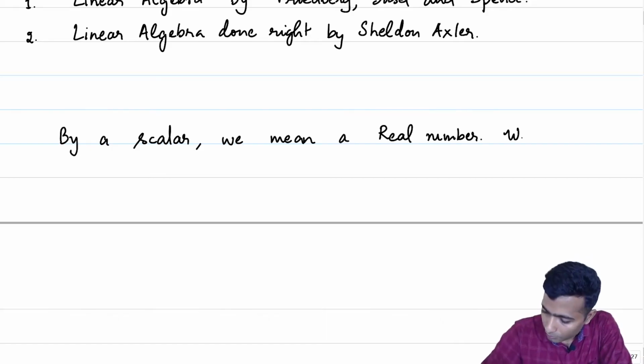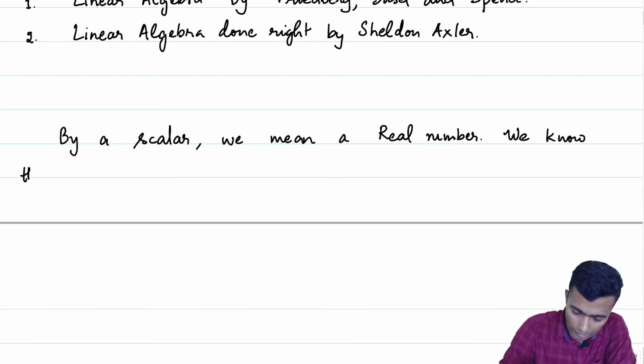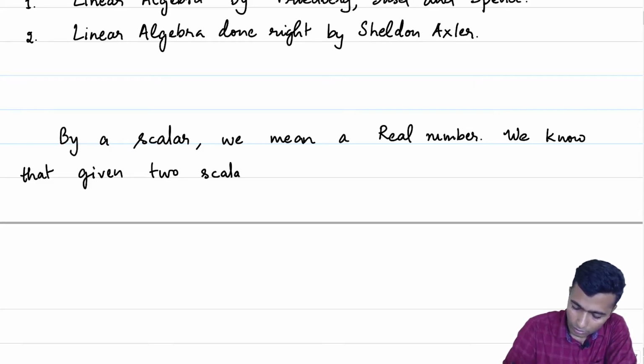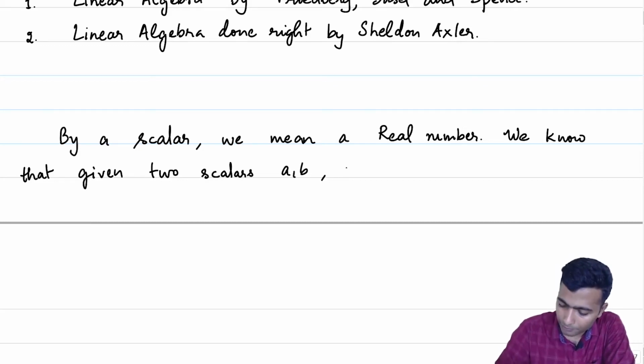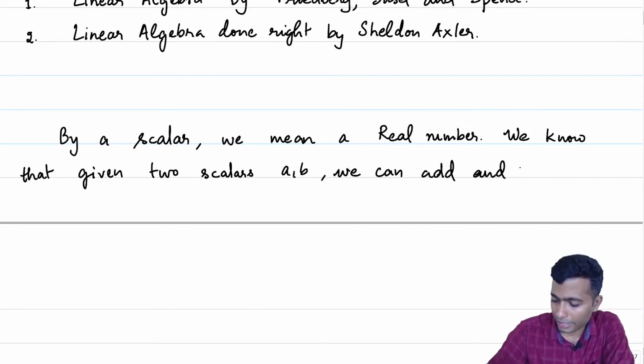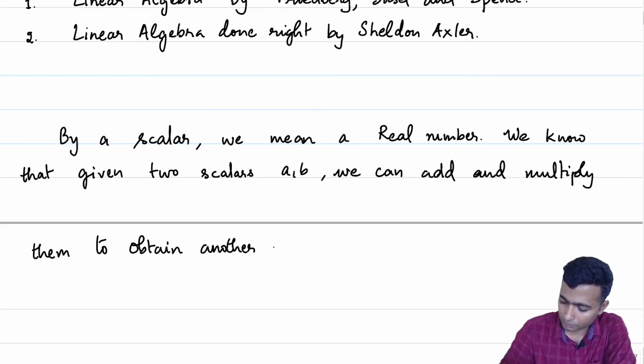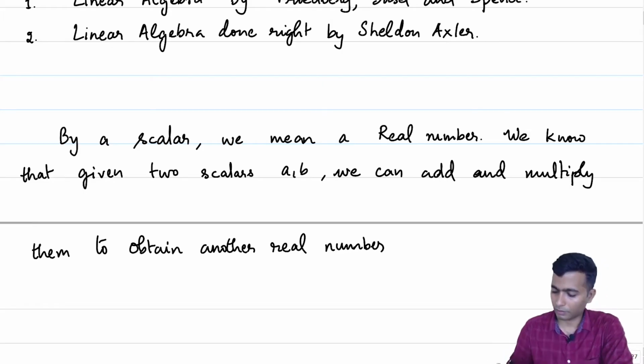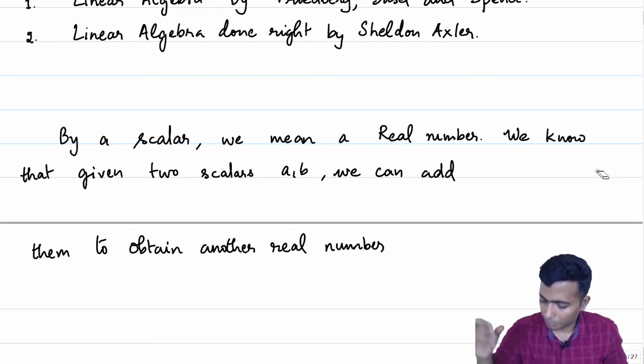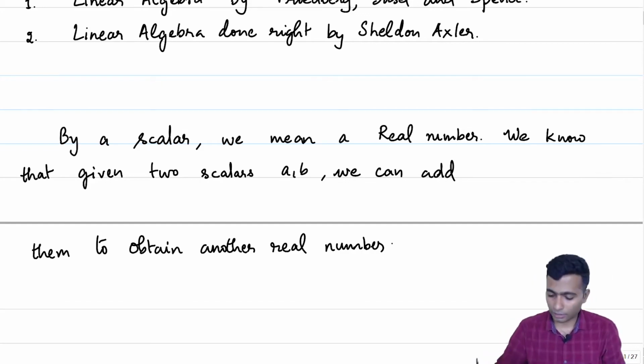So we know that given two scalars or two real numbers a, b, we can add them to obtain another real number.